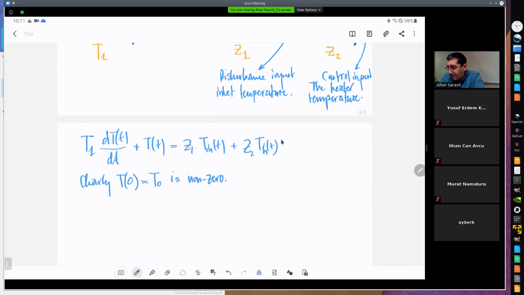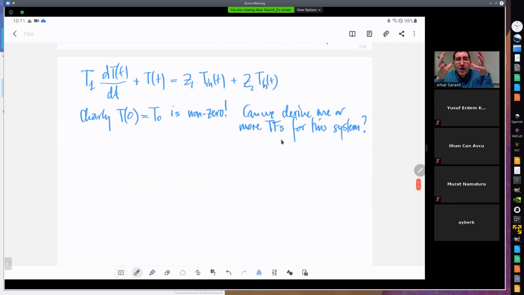Remember that this is another challenge in deriving a transfer function representation. So can we derive one or more transfer functions for this system? The answer will be yes, and I will show you how.